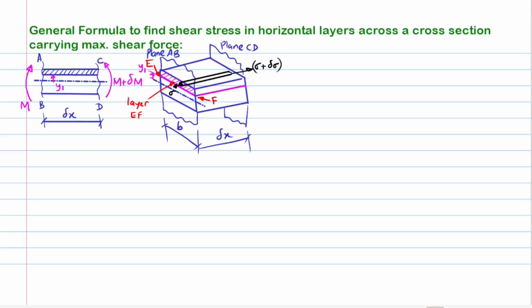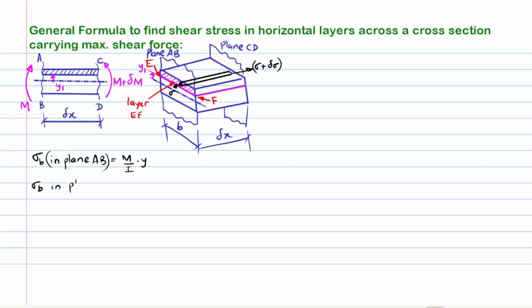The bending stress intensity on section AB acting perpendicular to the cross section is given by sigma, while for section CD it is given by sigma plus del sigma due to a change in the bending moment. Now, the bending stress for the elemental cylinder at section AB is given by M over I times y.